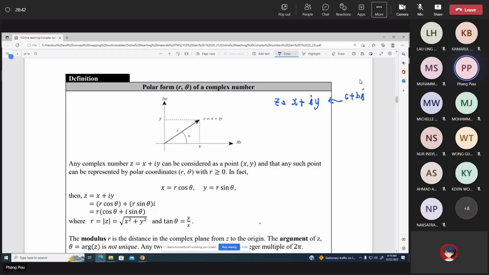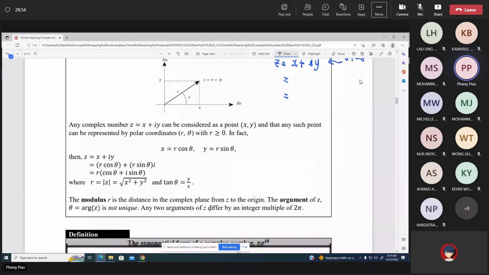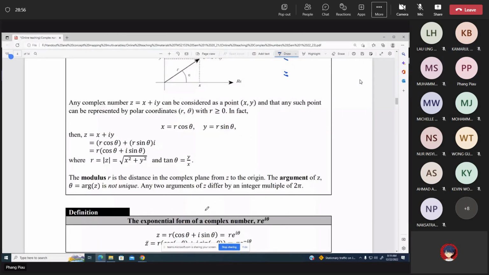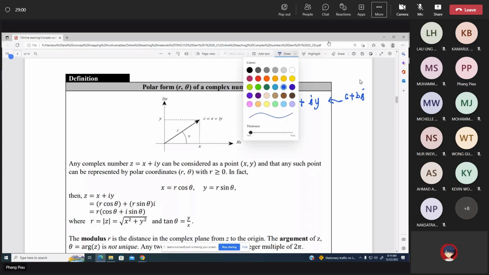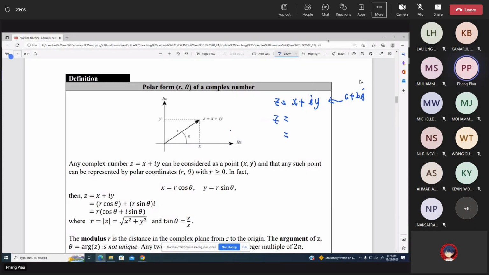This is a normal form of complex number, but this complex number can be written in a different form. The first one here we are using r and theta. Okay, so we have a polar form. You have another type of this where you can write it in terms of r and also theta.